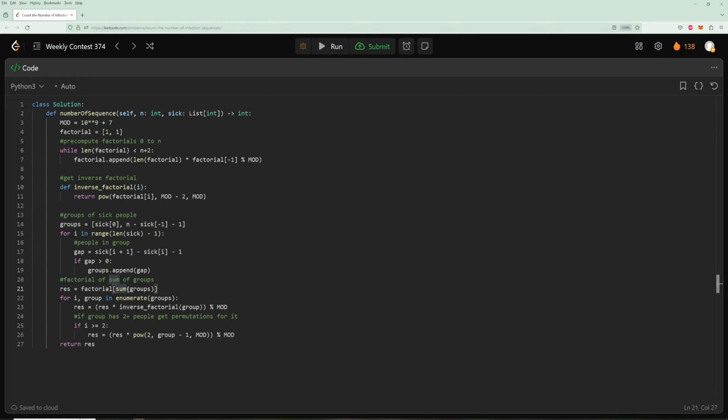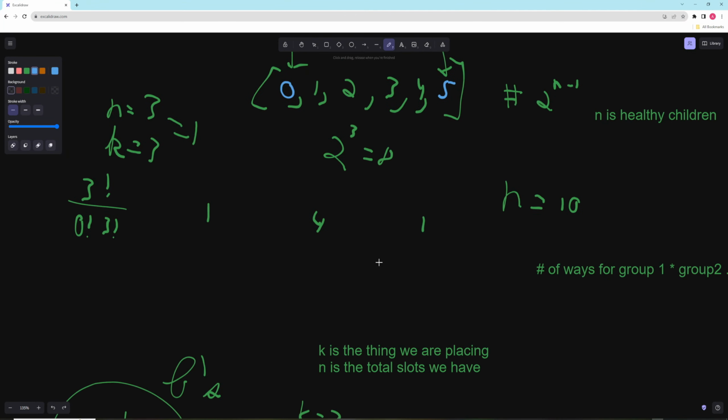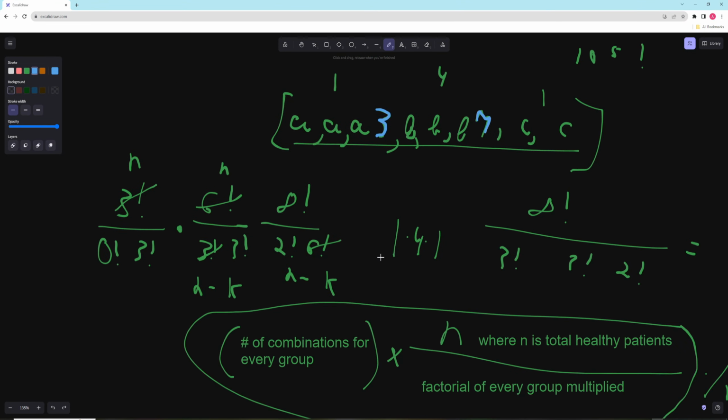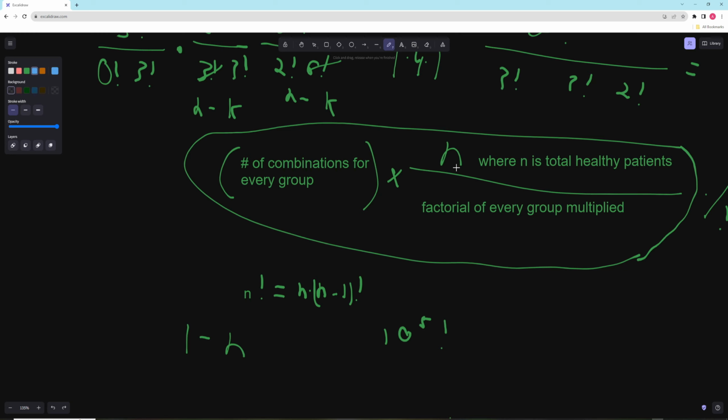Now what we need to do, remember, is our formula. If we go over here, where is it? Here it is. It's n factorial, where n is the total number of people. Then we need to multiply it by the inverse factorial for every group, or we need to divide it by a factorial for every group. And then we also need to get the number of combinations for every group.